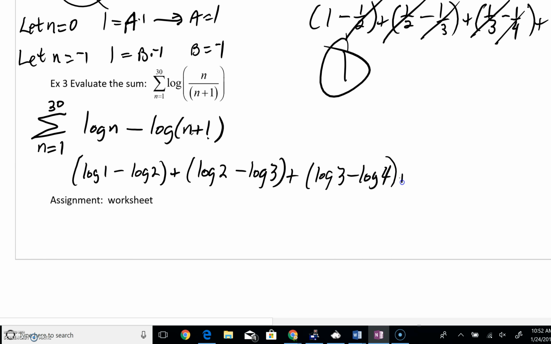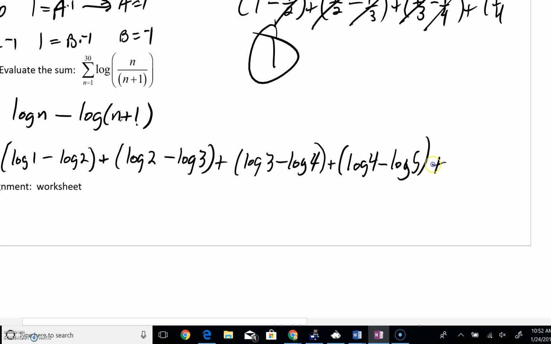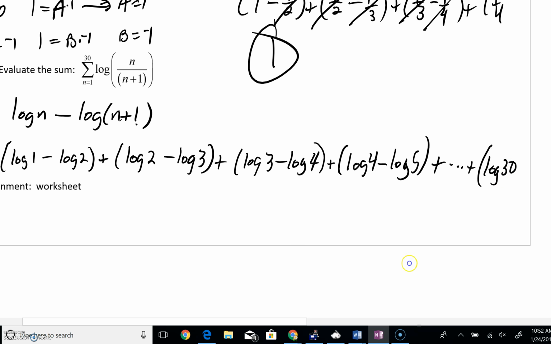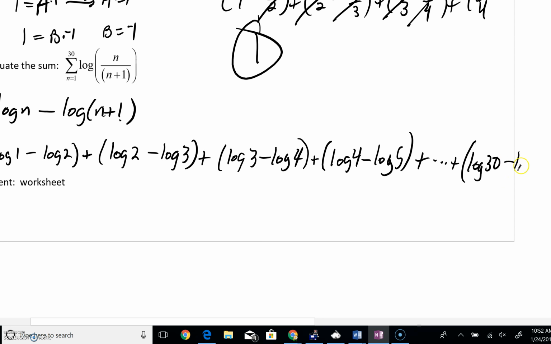You could keep going. In fact, I don't think you guys even need to see this keep going. However, please understand there is a stop. Yeah, you could say, look, at the end of the day, my last term, I can actually see this one. That's the log of 30 minus the log of 31. Right? Now, what's going to cancel?